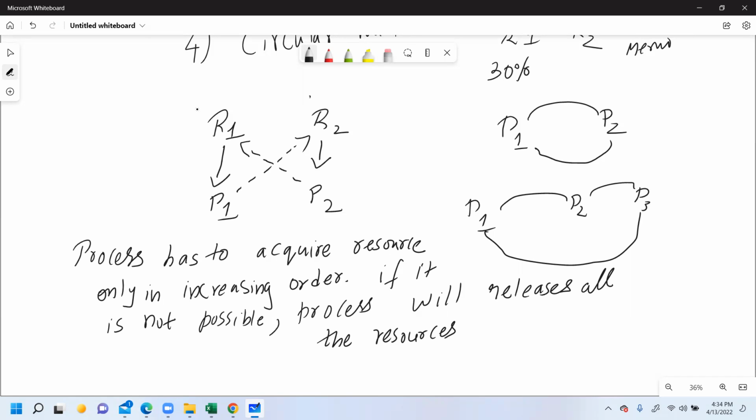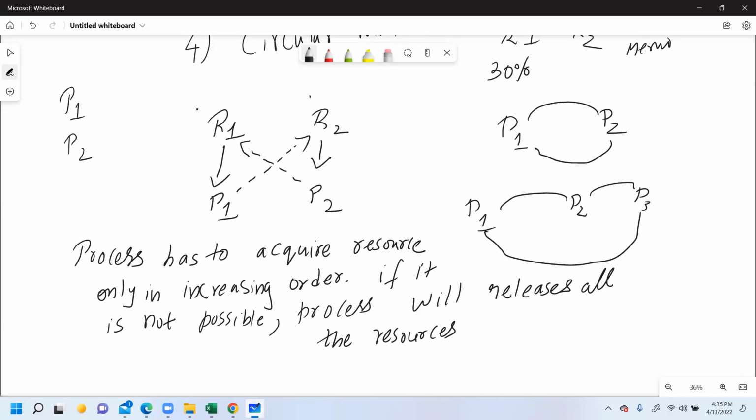In this case, P2 is asking for R1. P2 already has R2, but it is asking for R1. First P1 got scheduled and it acquired R1. Next P2 got scheduled and it acquired R2 and is also asking for R1. But R1 is already held by P1.